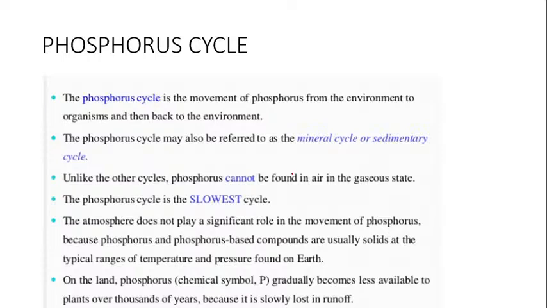From there it reaches the animals, then again it is recycled back to the earth. But there is no complete replacement. That is why it is known as an incomplete cycle.